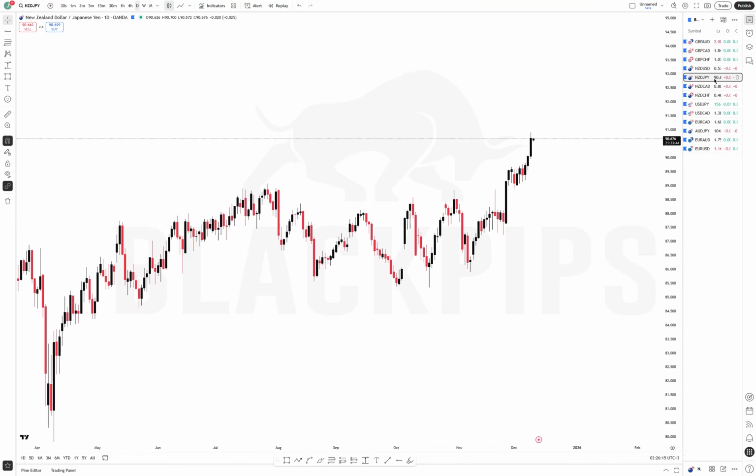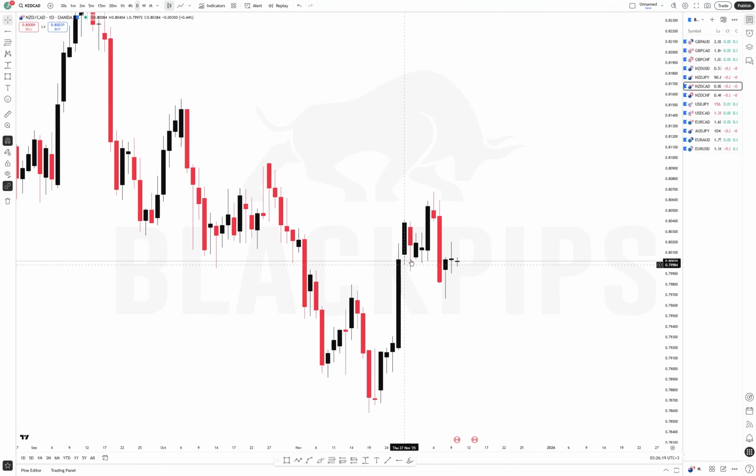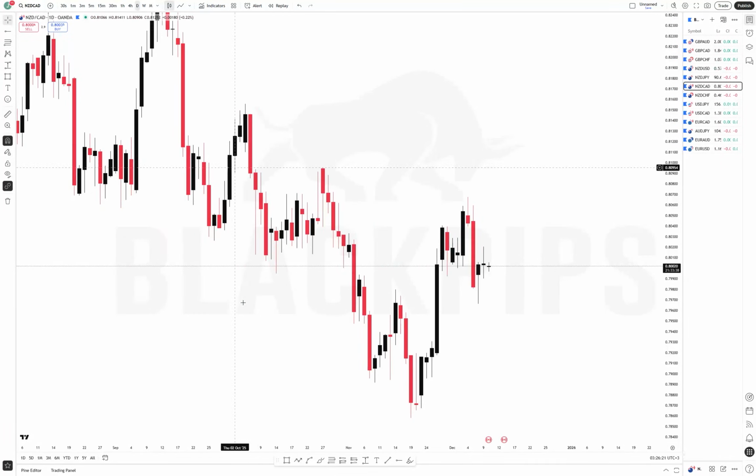So another entry was the NZD CAD, and we took this entry recently. The price gave us this area of liquidity here.